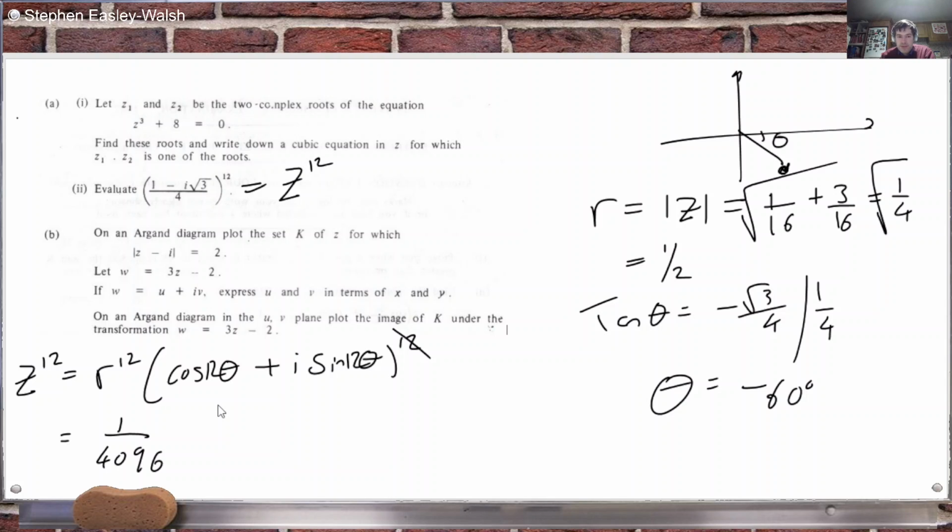Okay. And then 12 times minus 60 is minus 720. Cos of minus 720 is 1, and then sine of minus 720 is 0. Okay, so it's 1 over 4096. Perhaps they were expecting students to leave it as 1 over 2 power 12. All right.